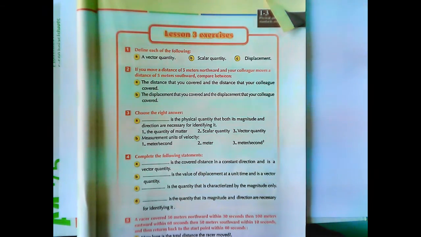Blank is the value of displacement in a unit time and vector quantity. The answer is velocity. C is the quantity that is characterized by the magnitude only: scalar. D is the quantity that its magnitude and direction are necessary for identifying it. The answer is vector.